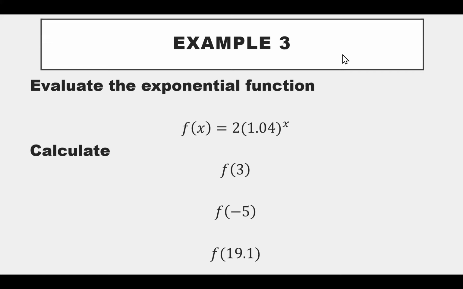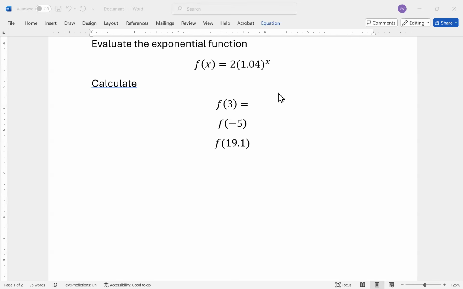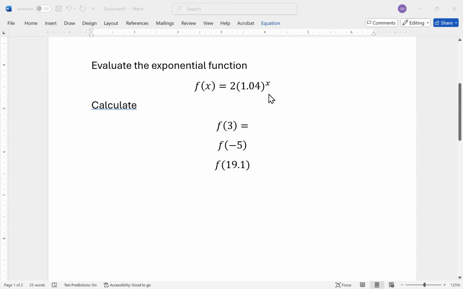Let's go ahead and do that. When I do my evaluation, generally speaking, I'll just type these into the calculator. We'll have 2 times 1.04 raised to the third power when I plug in 3.